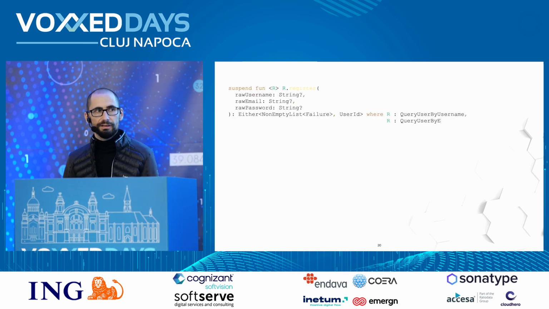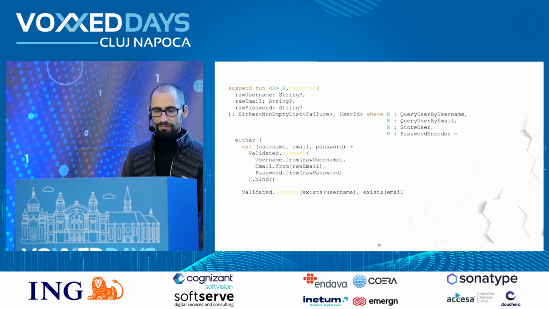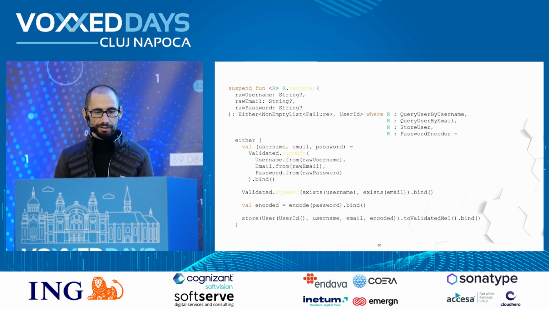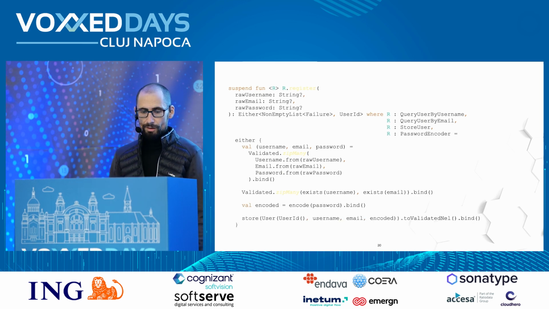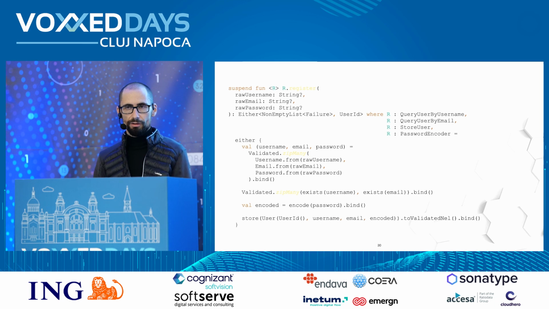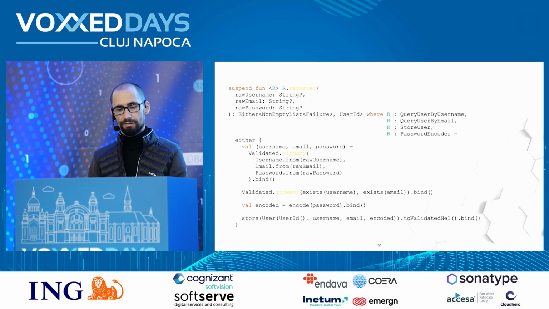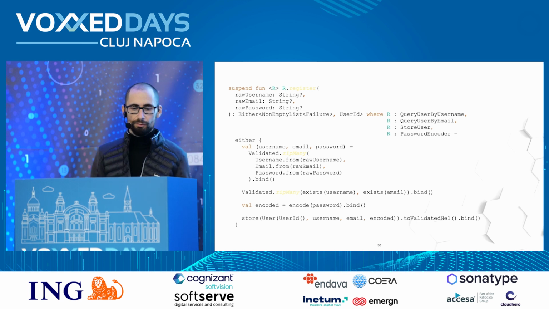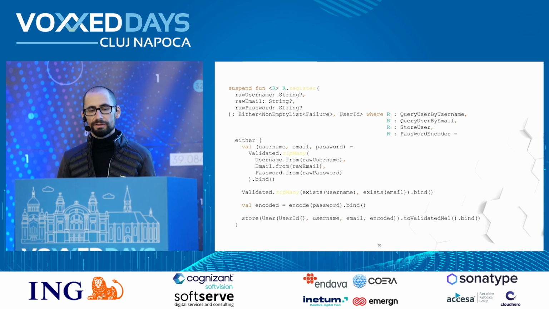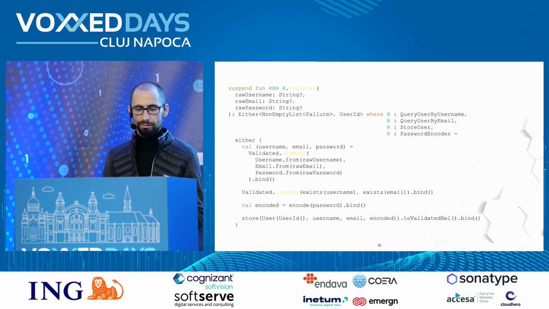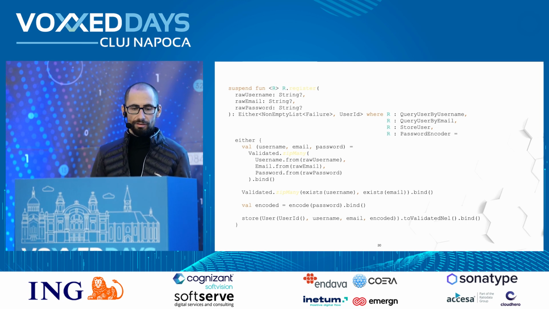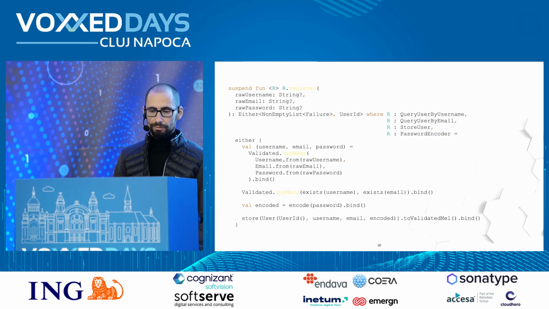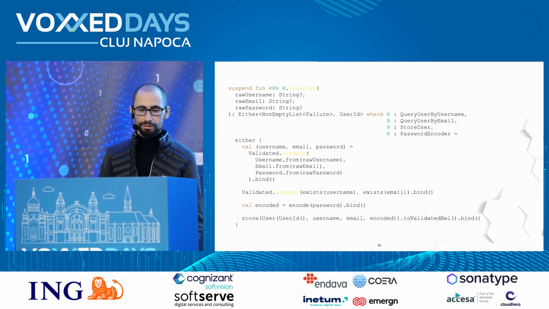Now that we've seen this, our register function put together is going to look like this. First of all, we're validating that the username, email, and password are valid from a business perspective. Then we are validating that they are not present inside our system. If an error or multiple errors occur here, we're going to accumulate all these errors together and give them back to the user.